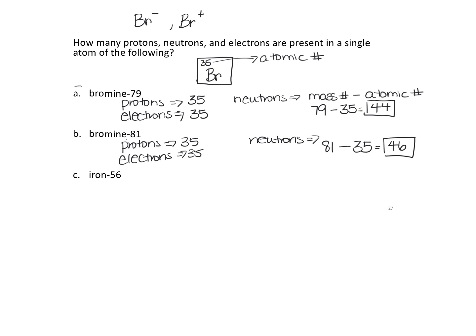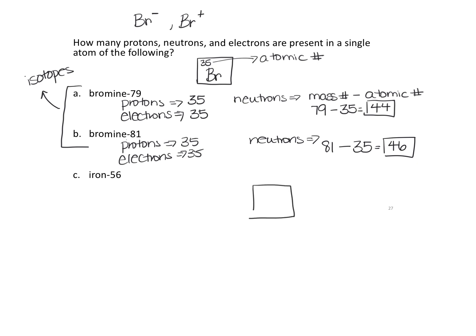Now, I want to point out A and B here, these have the same number of protons. They're the same element. They're both bromine, but a different number of neutrons. These are isotopes.